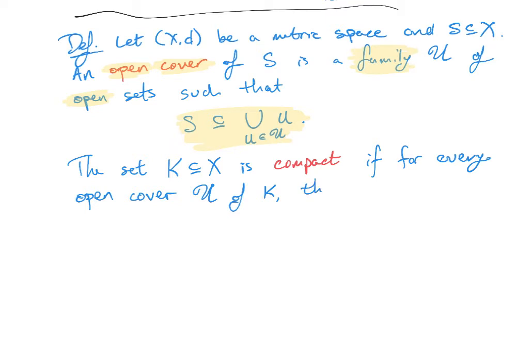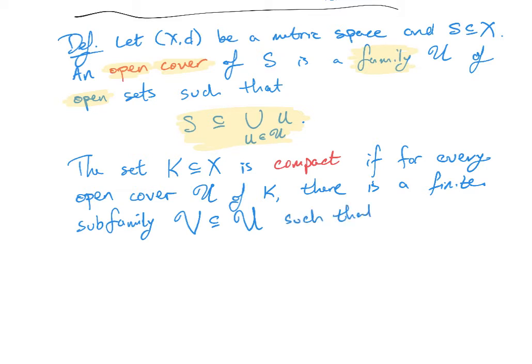Okay, so then there is a finite subfamily script V contained in script U such that K is contained in the union of the sets in script V.